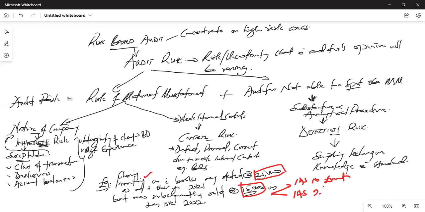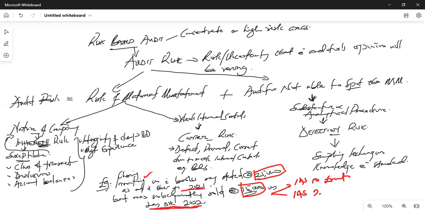Now, what do you know about IAS 10? IAS 10 talks about events, favorable or unfavorable, that happen between the end of the financial reporting date and the date financial statements are authorized for issue. So this is an event that happens in between those two periods.